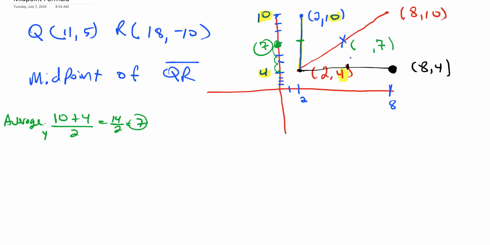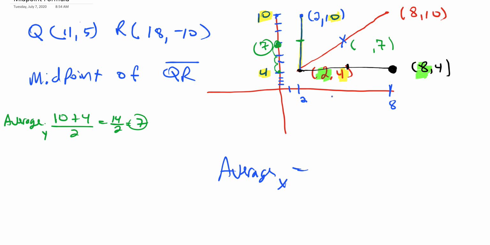All right, so let's do the, yeah, you add what? 8 and 2. All right, so you're going to add 8 and 2, and then what? All right, so you're basically going to do the average of the x.